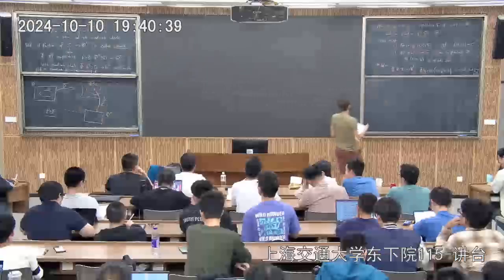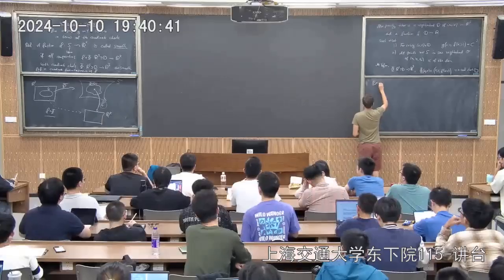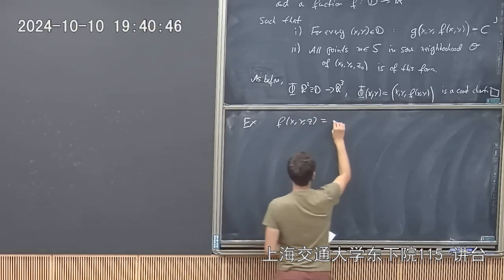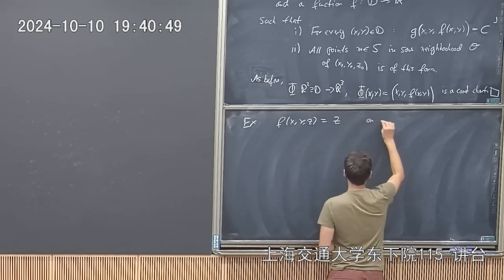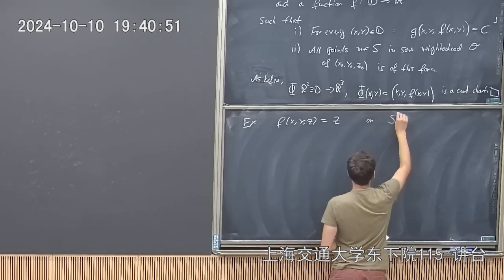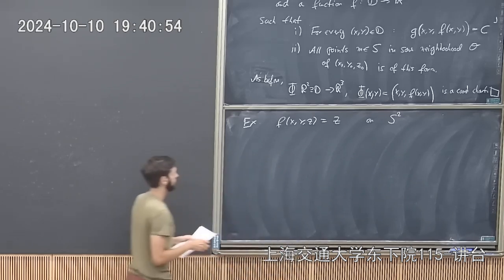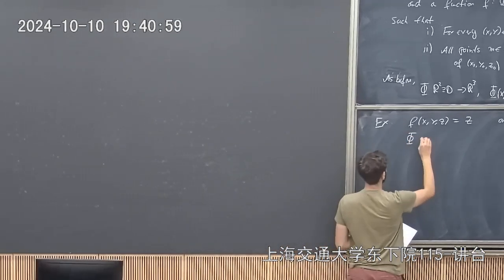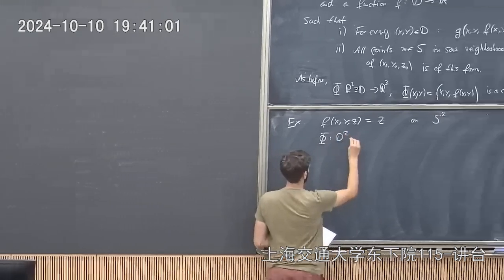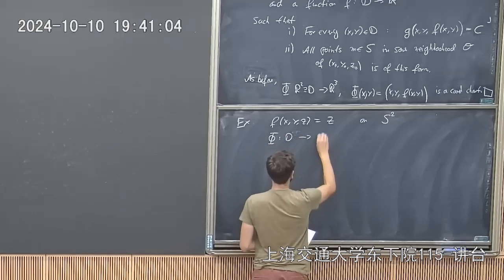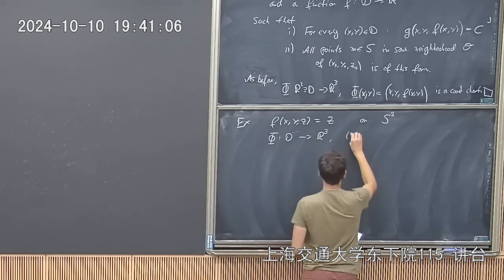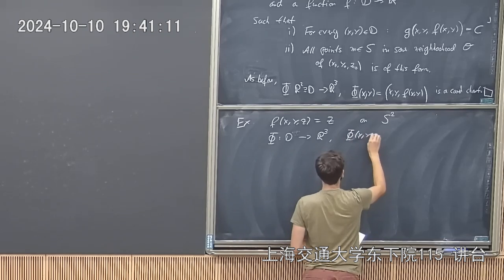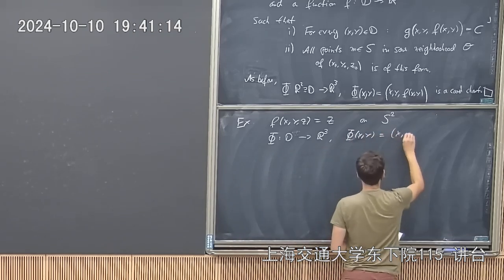An example would be the map which sends x, y, z to z on the sphere. So we have the sphere that we had, and then we take again the same map that we looked at before, which was mapped to x, y.